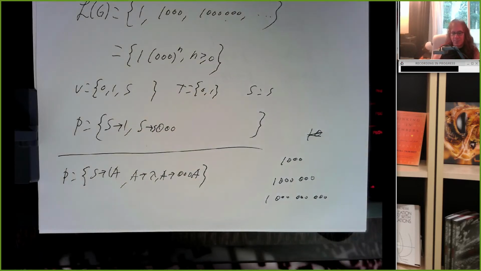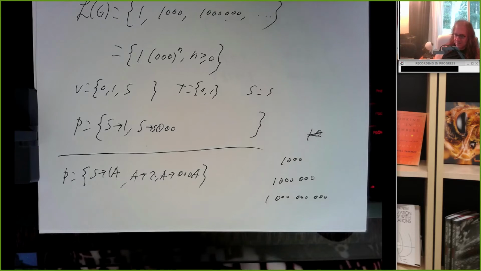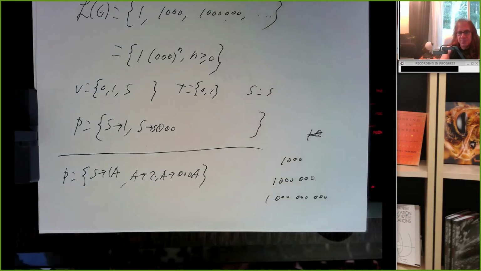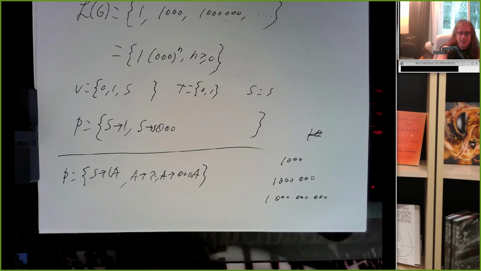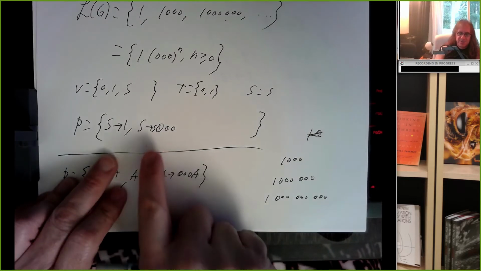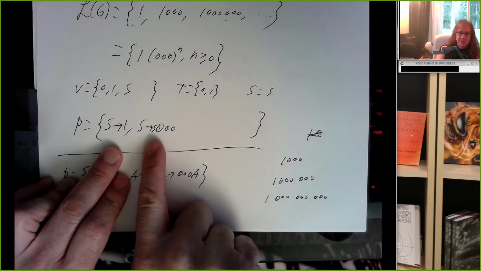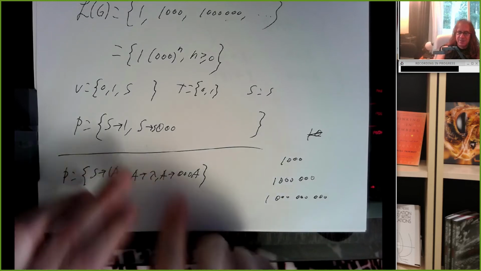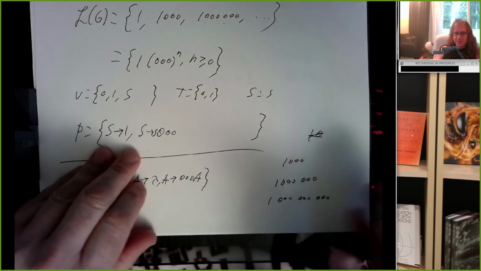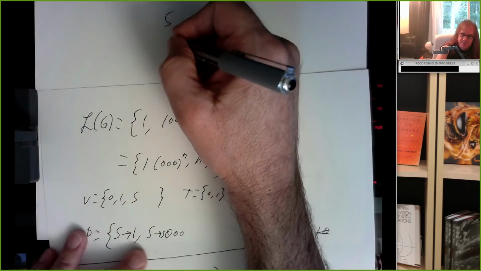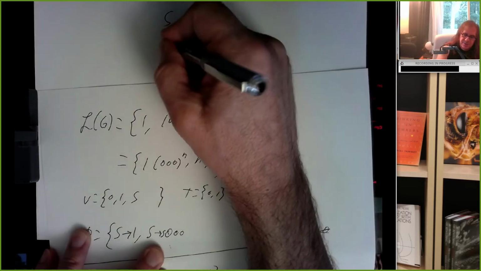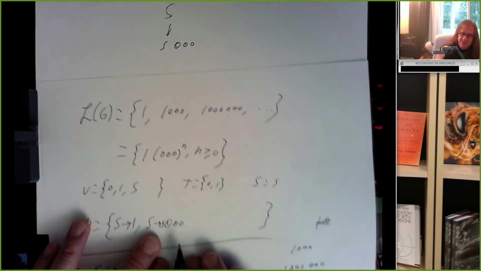So, quick question for clarity here. Going from the first word to the second word, so 1,000 to 1,000,000 there, how does that work again? So if we use this set of rules, let's derive, starting with the start symbol, S can be changed into an S followed by 3 zeros.